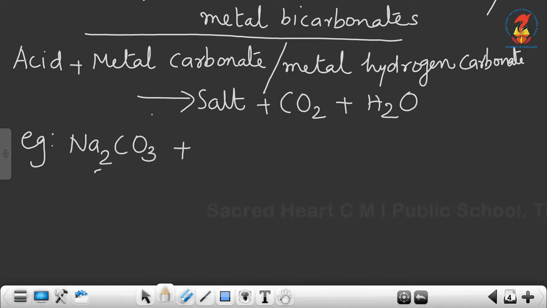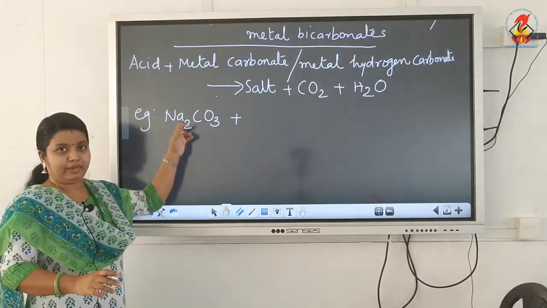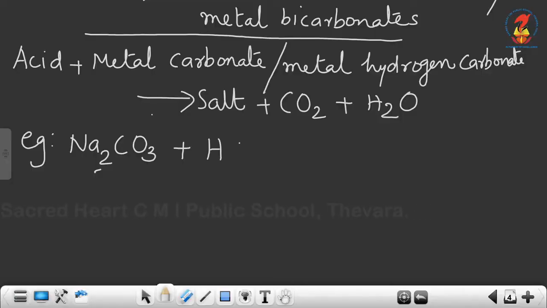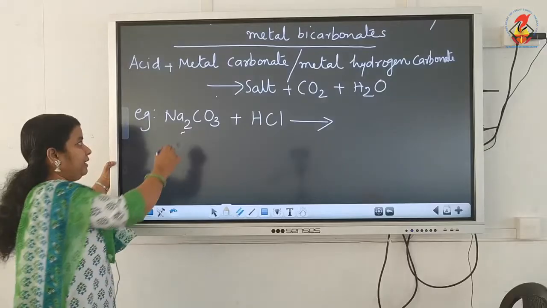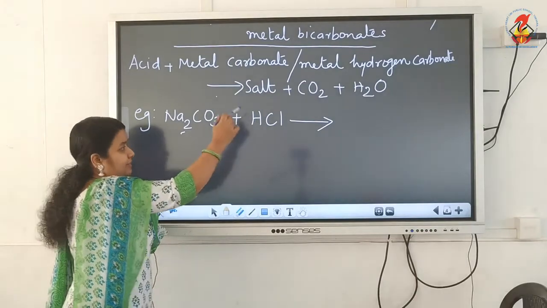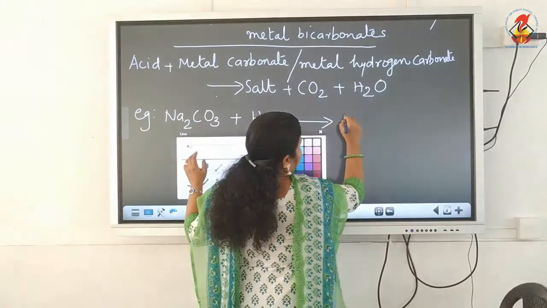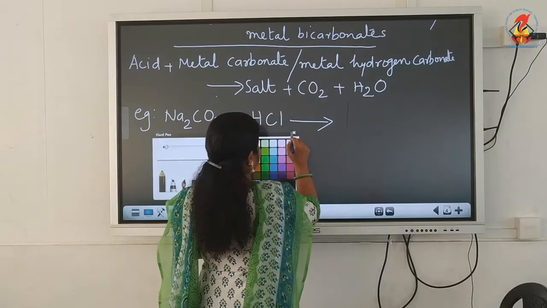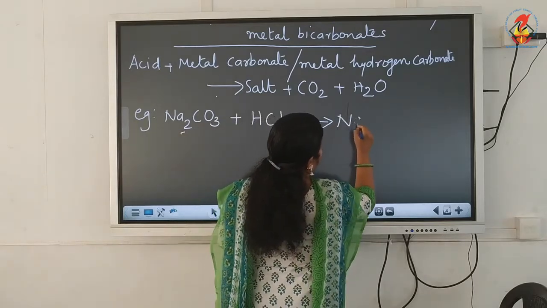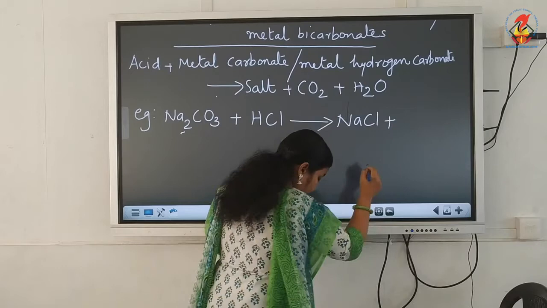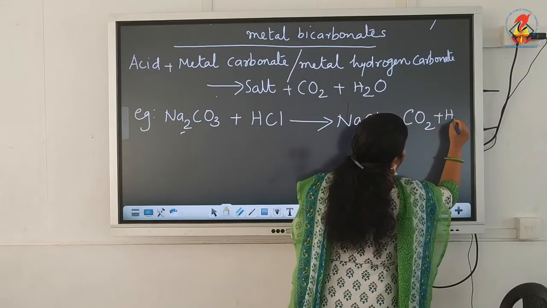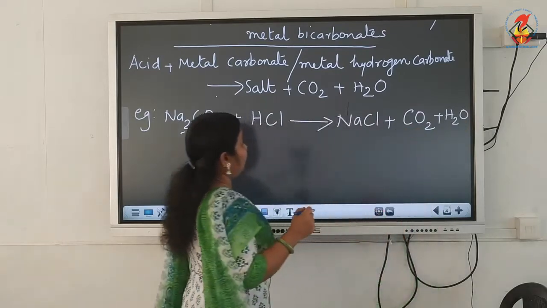Na2CO3. So this is a metal carbonate. Sodium is a metal. Carbonate of a metal, sodium carbonate, reacts with acid. Okay, reaction between a metal carbonate and an acid. The product here will be salt, NaCl, plus CO2 plus H2O.